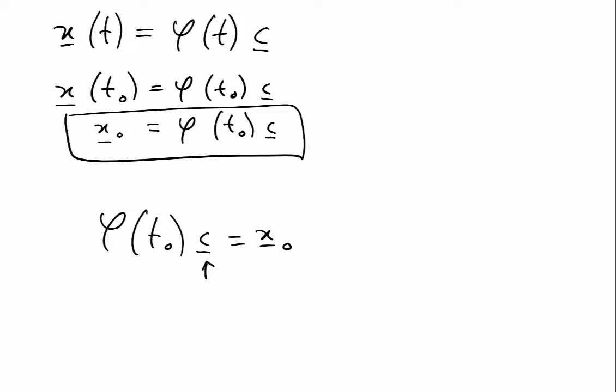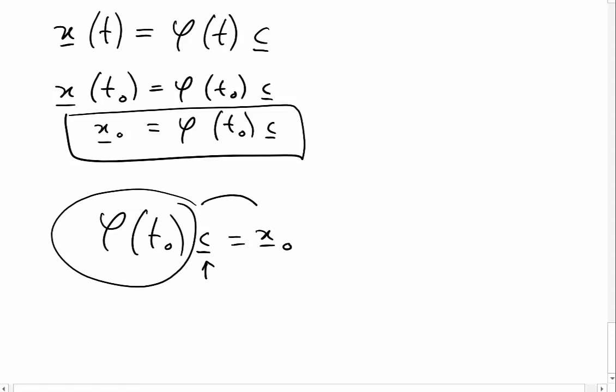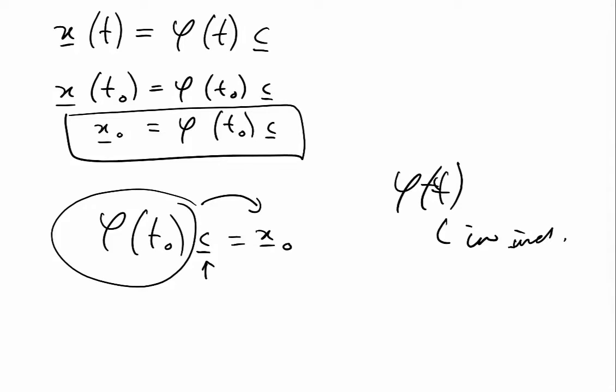So what I now need to do, as you can clearly see, is move this phi of t naught onto the other side. Remember that I said before that our fundamental matrix phi of t is made up of fundamental solutions. So it's linearly independent, because none of our solutions can be written as any of the other solutions. Our matrix, which is just a table of all those solutions, will also be linearly independent.